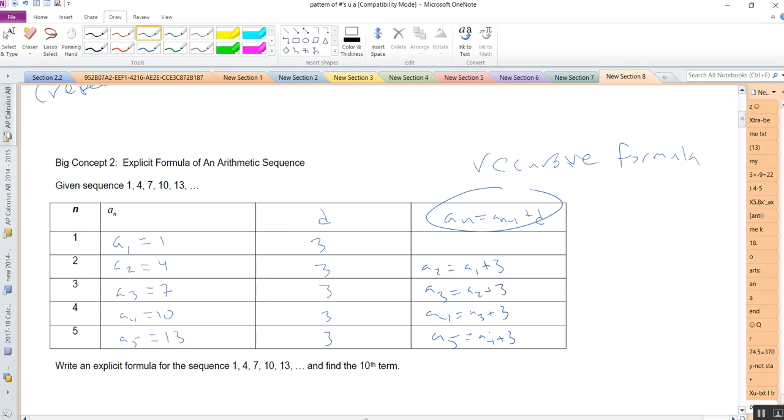What you're doing is taking the previous term to get the new term. So again, we knew a1 was 1. So 1 plus 3, of course, is 4. And then 4 plus 3 is 7. And 7 plus 3 is 10. And 10 plus 3 is 13.